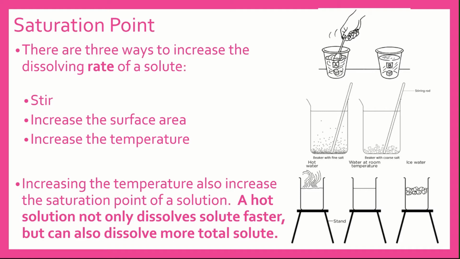Warmer water can dissolve more total solute, but it also increases the rate. So the first 2 don't increase how much you can dissolve, just the speed at which it dissolves. So stirring and smaller surface size don't increase how much, they just increase how fast. Temperature both increases how fast and how much.